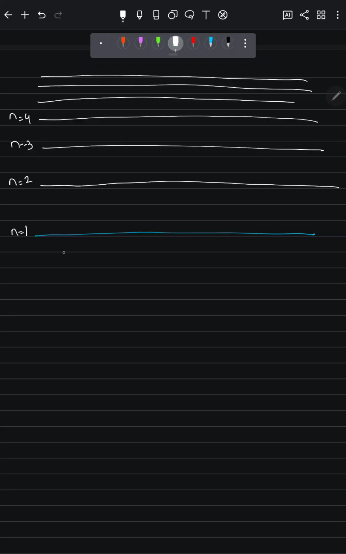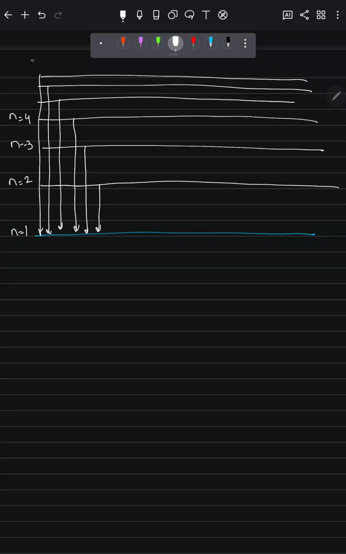If we come from n2 to n1, or n3 to n1, or n4 to n1, or n5 to n1, or n6 or n7 or even from infinity to n1, this is called the Lyman series.